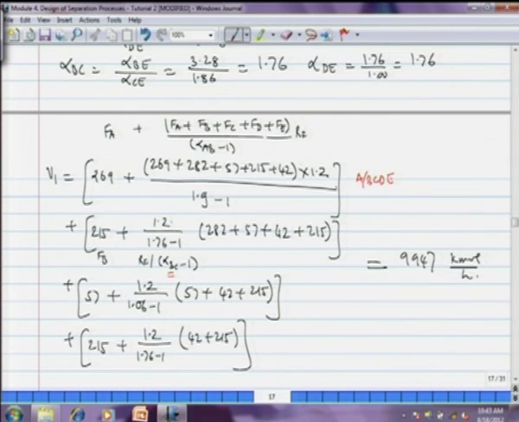So, Fb plus 1.2 divided by alpha BC minus 1 into the other components Fb, Fc, Fd, Fe, and similarly you go ahead doing all these things. Third column, that splits C from DE mixture, and the final that splits DE. And after substituting values, you can calculate these numbers on a simple calculator, and you have to add the values of vapor flow rates of all the 4 columns that are there.